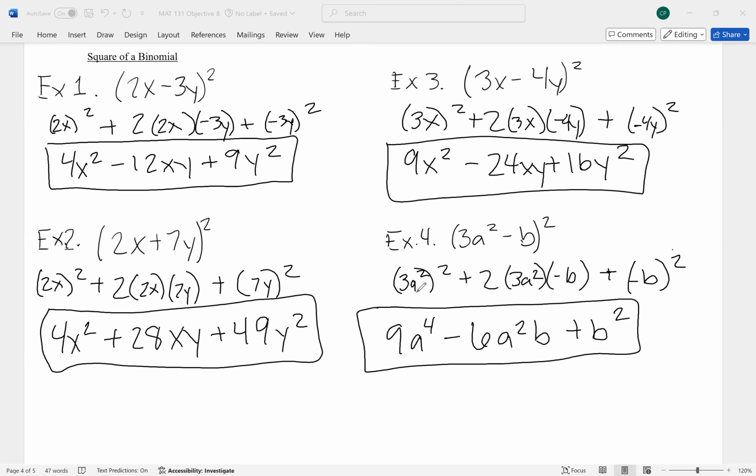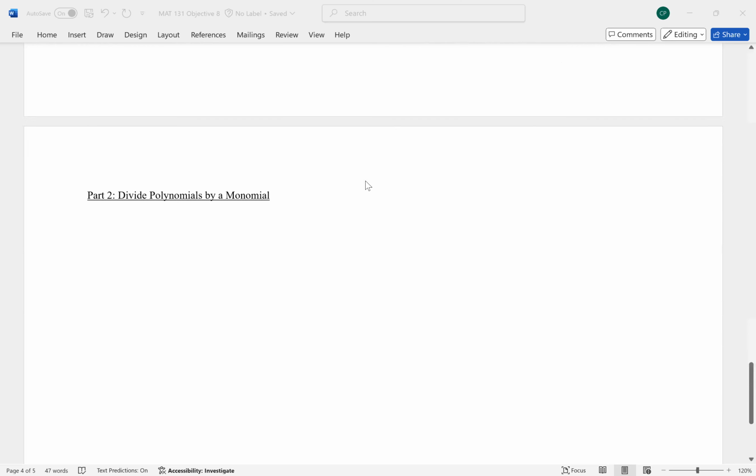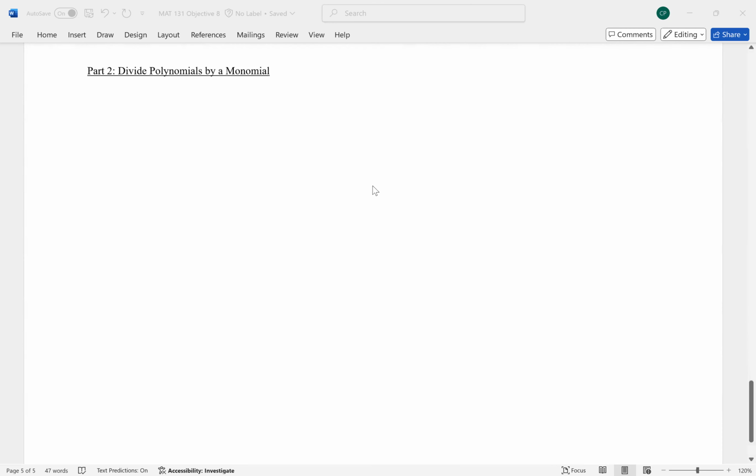Okay? So that completes the multiplication part. All right. Next, in part 2, now we need to talk about how to divide polynomials, okay? And for the logic behind this, I'm gonna use something that we're all familiar with. I'm just gonna use regular numbers.